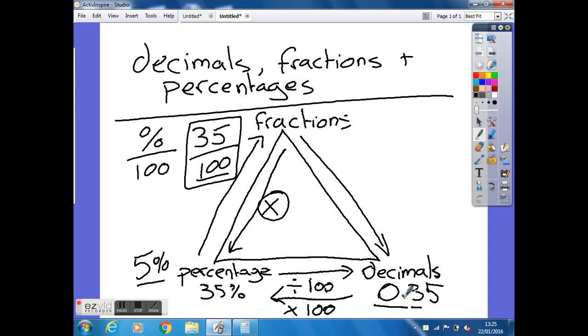Now, all we have to do for this is to take your top number and divide that by your bottom number.